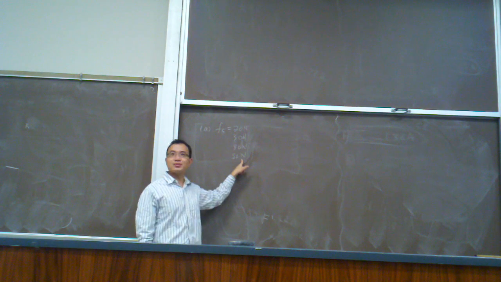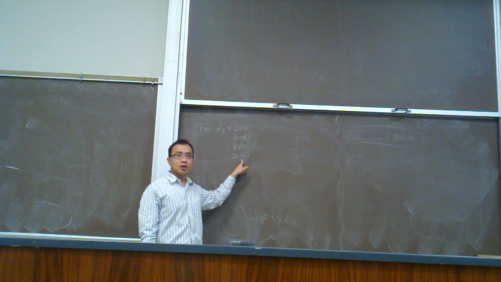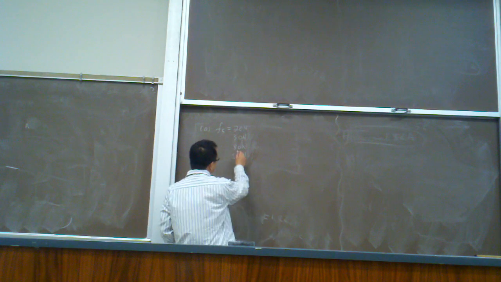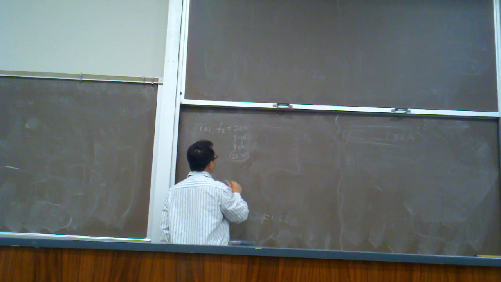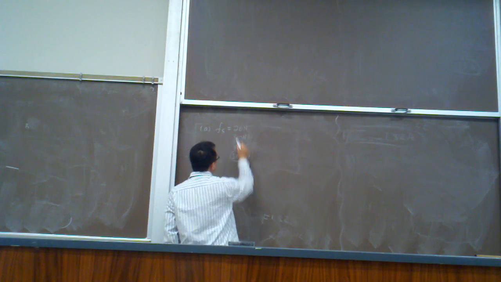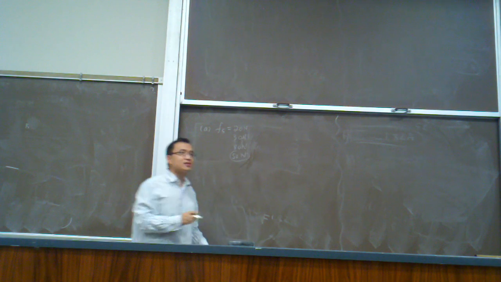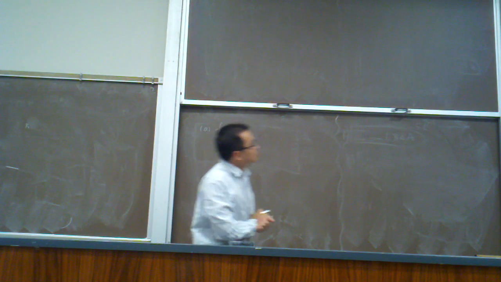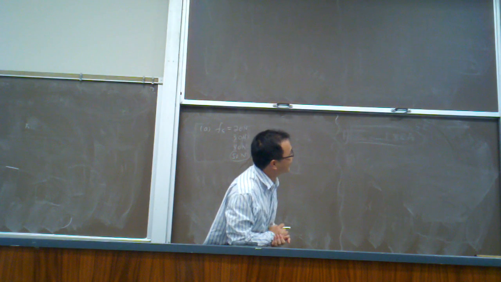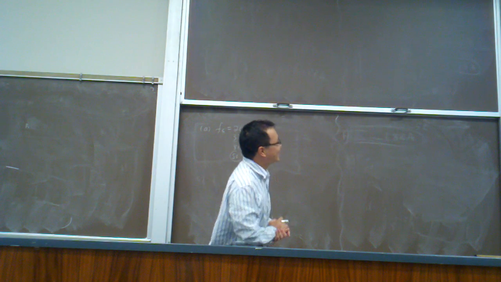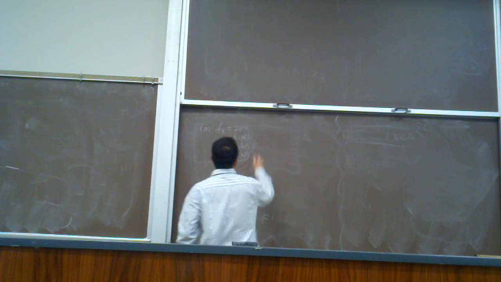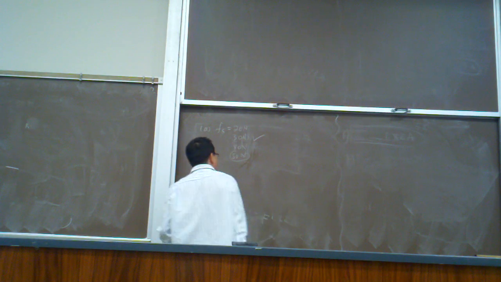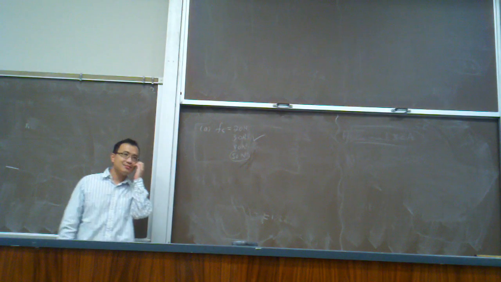How many of you would choose this one? Most of you choose this, and several choose this, and some others choose this. But the correct answer, let me take a look.